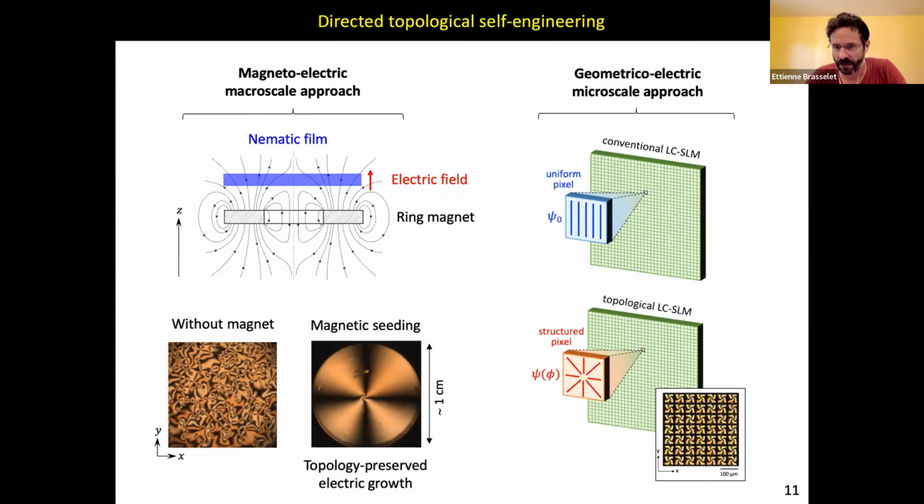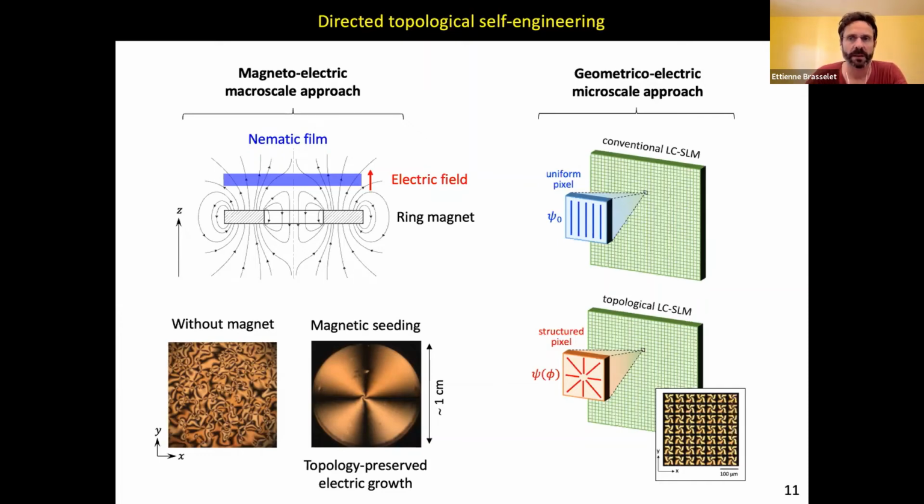The physics of liquid crystal is spontaneously engineering this. I don't need to engineer locally every pixel, and then you have a kind of SLM of SLM. So it's a really new approach to shape light in a very rich manner, and it's just the start of exploration of what we could do with that.